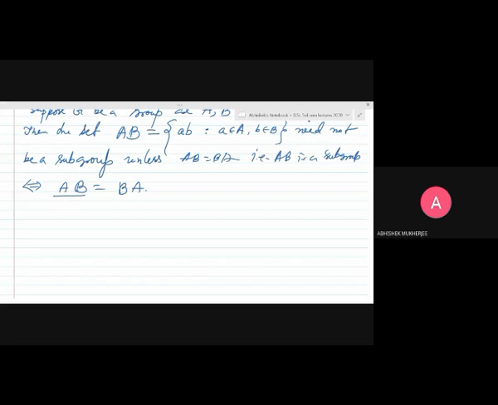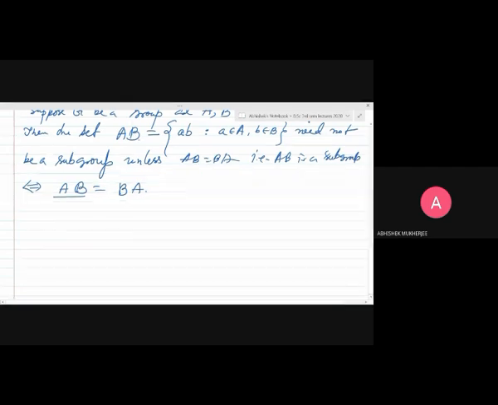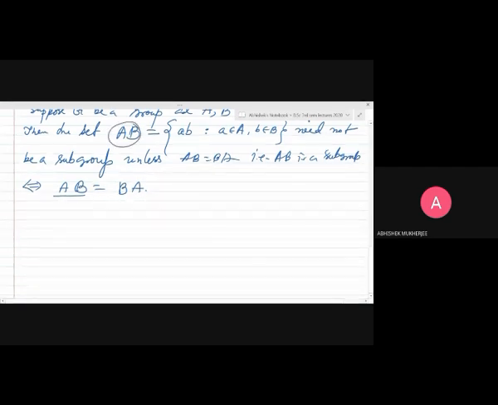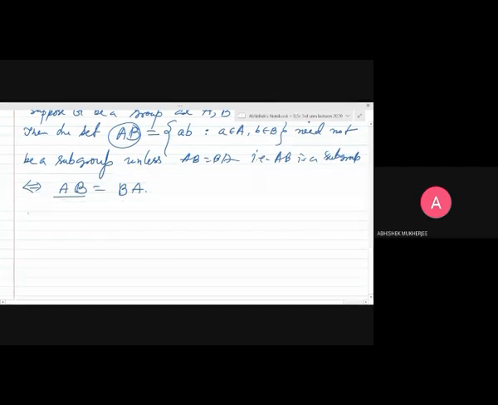That means if A and B are finite, then what would be the number of elements of this AB? So the statement is like that.